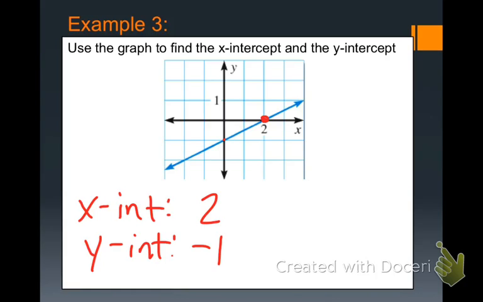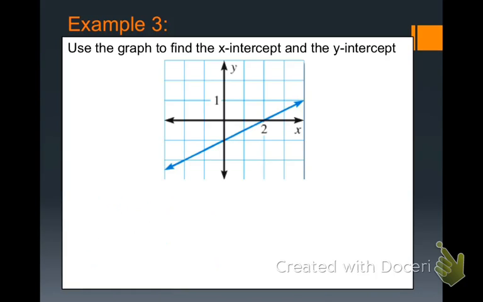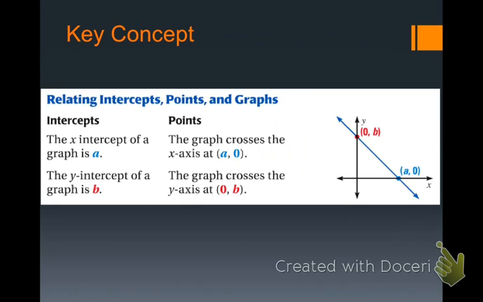And just to bring it all together, our intercepts are where it crosses the x and y axis, and the point tells us the location of the ordered pair. So the x-intercept of a graph is A, while the graph crosses the x-axis at the ordered pair (A, 0).